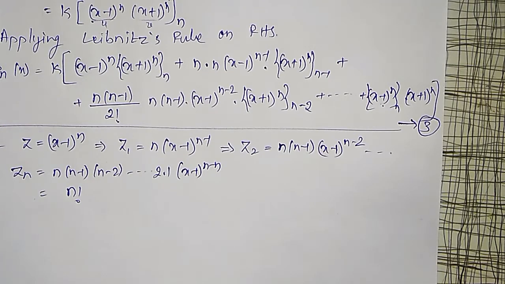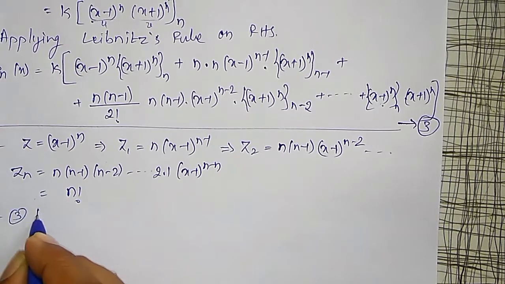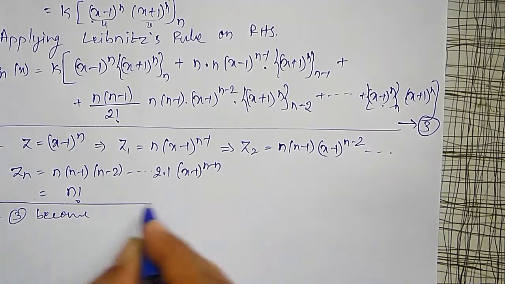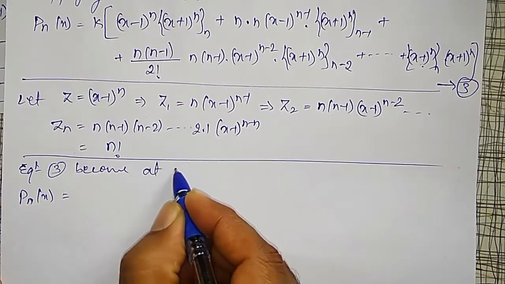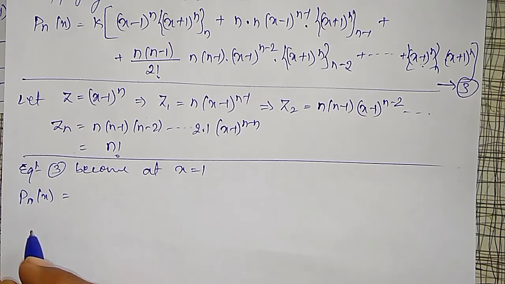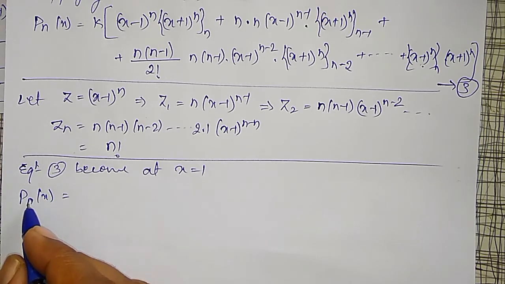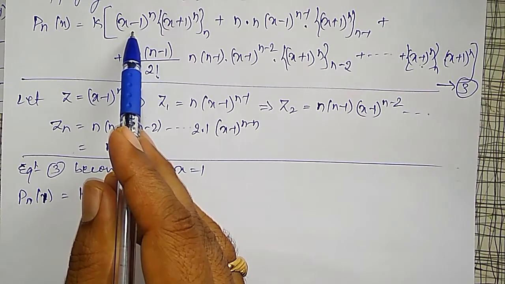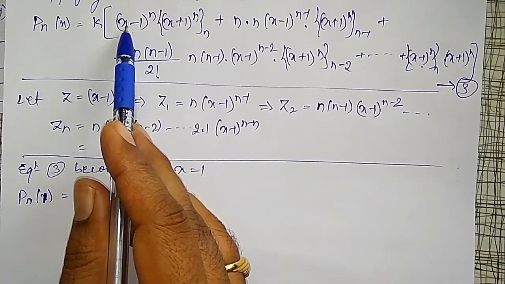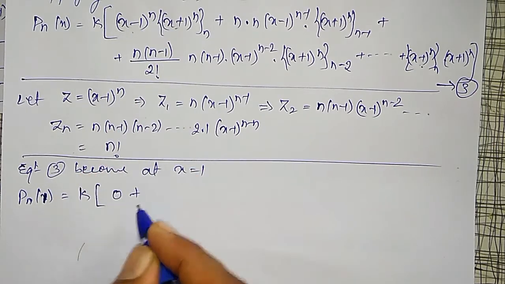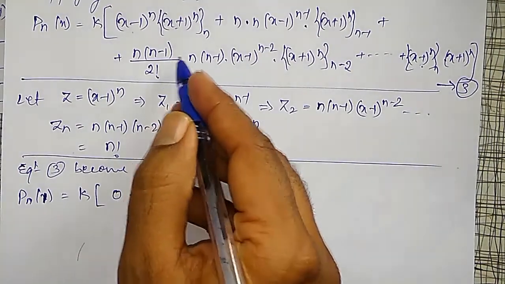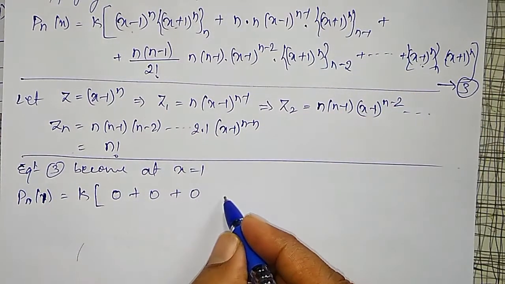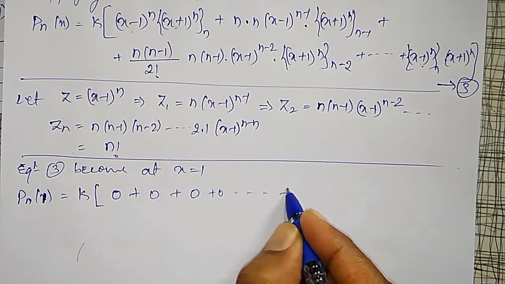Therefore equation number 3 becomes, at x equal to 1, Pn of 1 will become 0 for all the terms, because at x equal to 1 every term containing x minus 1 becomes 0, except the last term.